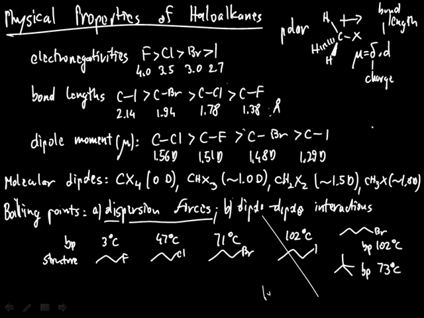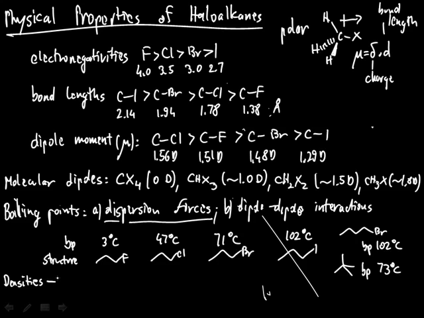Another factor that we need to consider with haloalkanes are the densities. Halogens are heavy elements. They make their derivatives relatively dense, and so many of the haloalkanes are more dense than water. The density of water is 1.0 grams per cubic centimeter, which is a little unusual because most organic compounds are actually less dense than water, and especially all hydrocarbons are less dense than water.